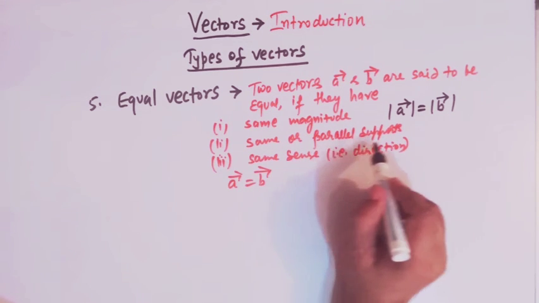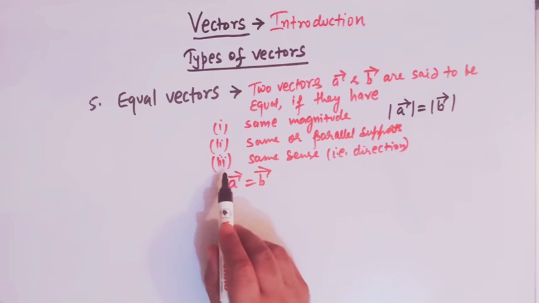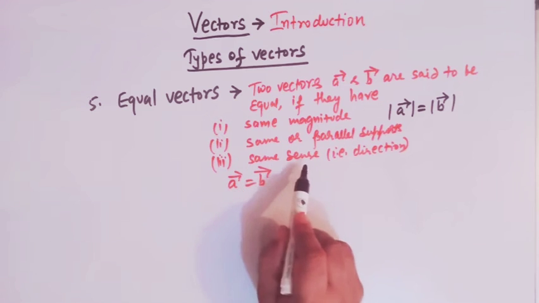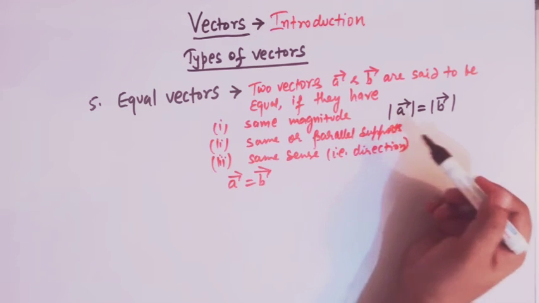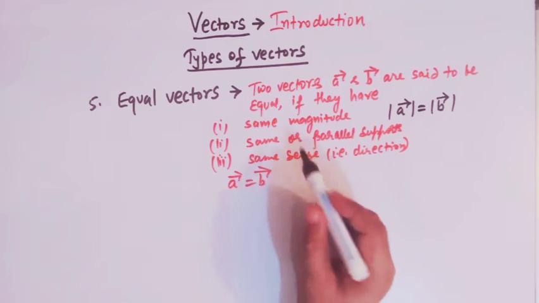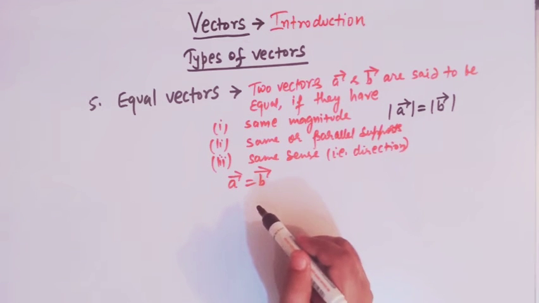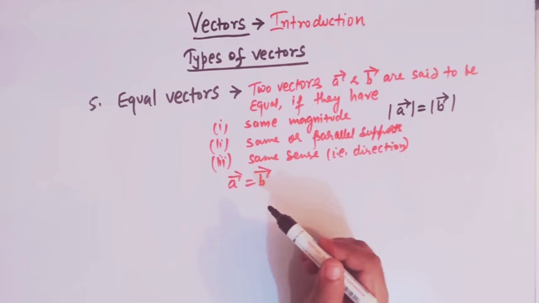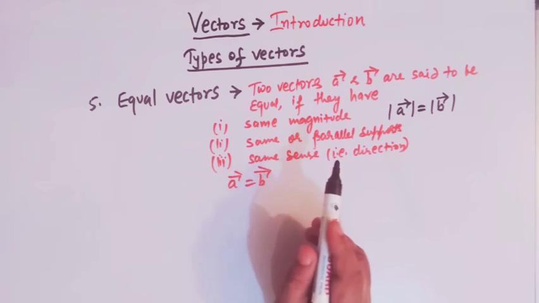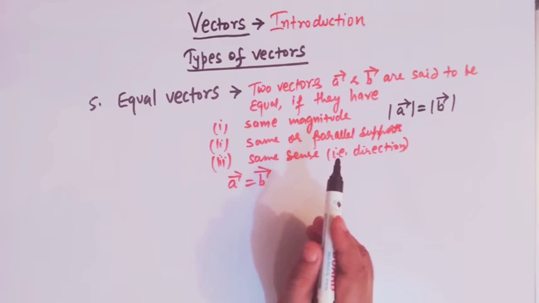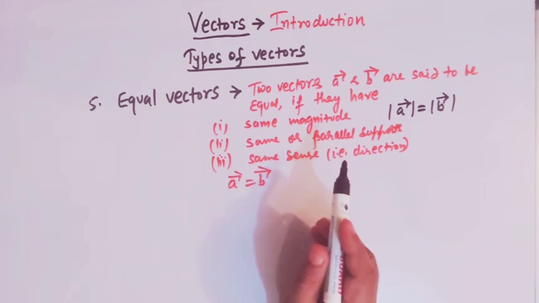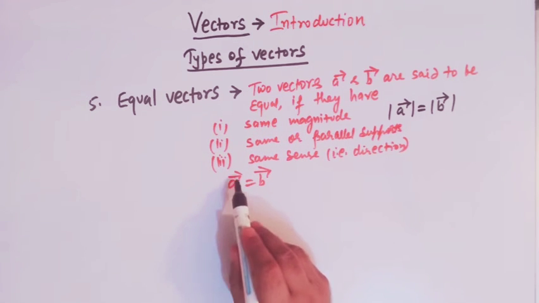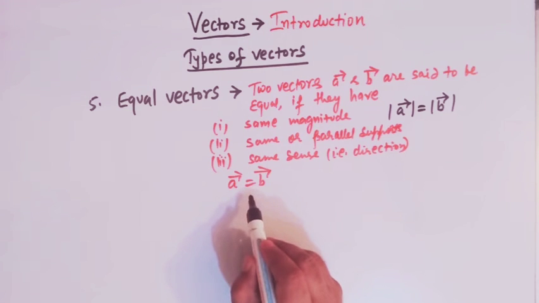And the third one is the same sense, that is, both the vectors should have the same direction. Then the two vectors are said to be equal vectors, or in other words we can say that two vectors A and B are said to be equal if they have the same magnitude and direction regardless of the positions of their initial points, and it is written as vector A is equal to vector B.